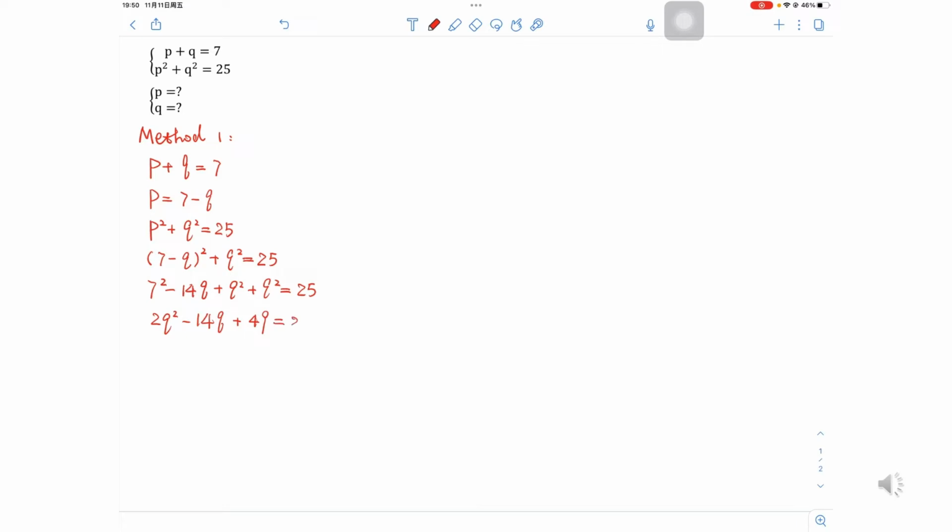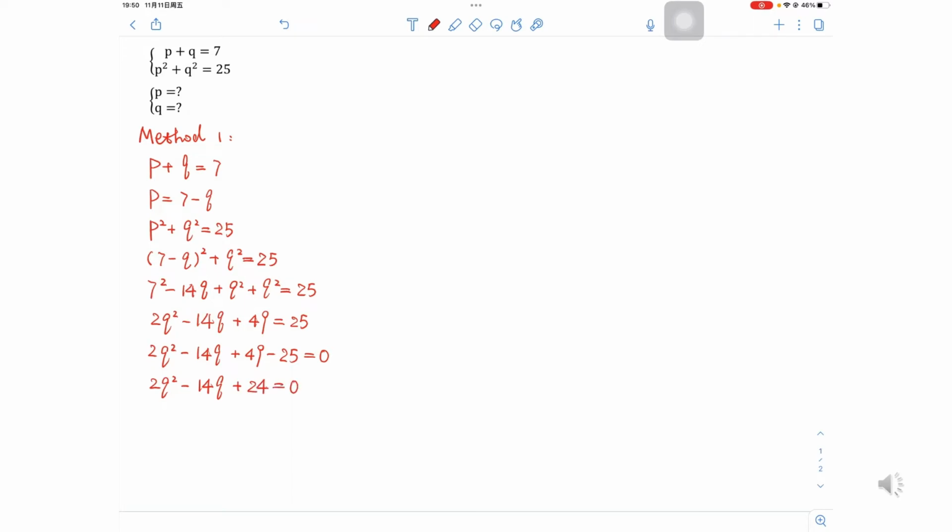Subtract 25 from each side. 2 times Q squared minus 14 times Q plus 49 minus 25 equals 0. 2 times Q squared minus 14 times Q plus 24 equals 0.